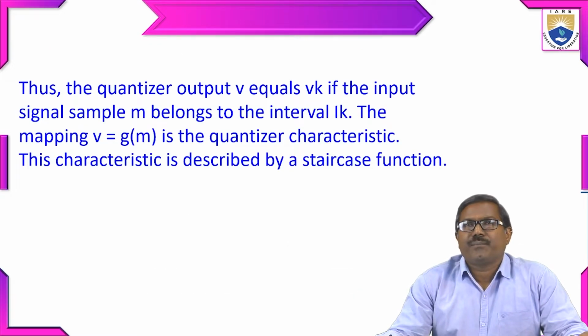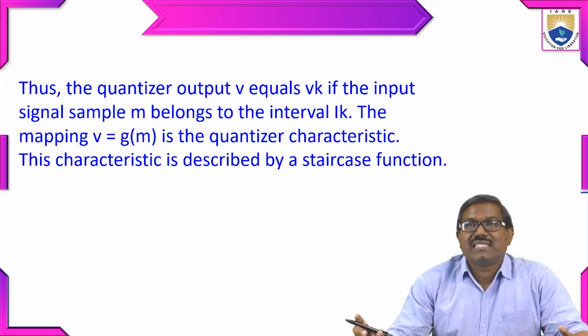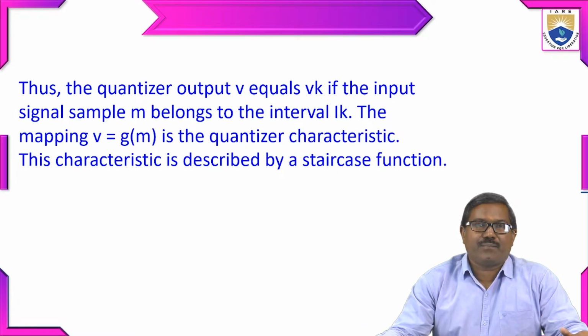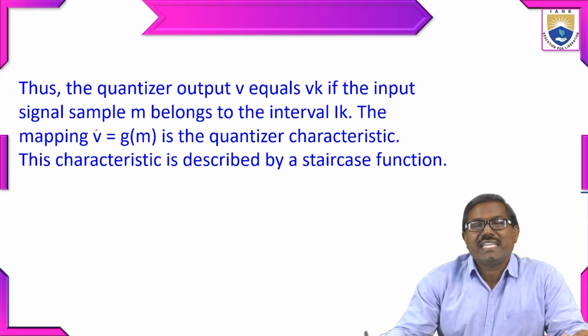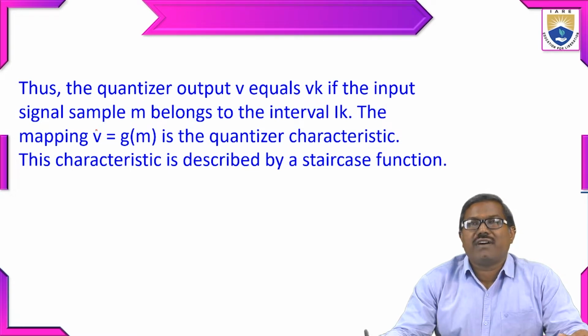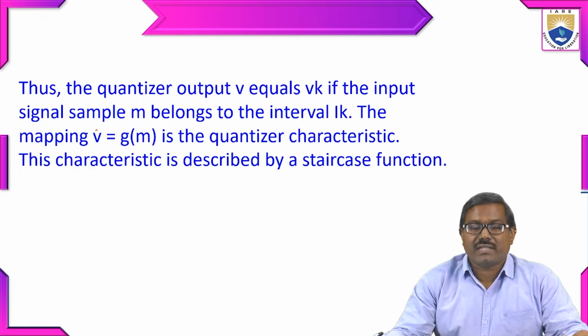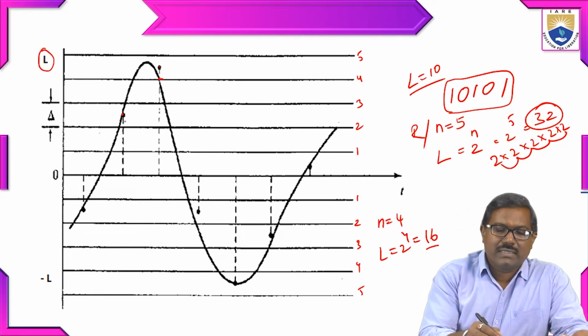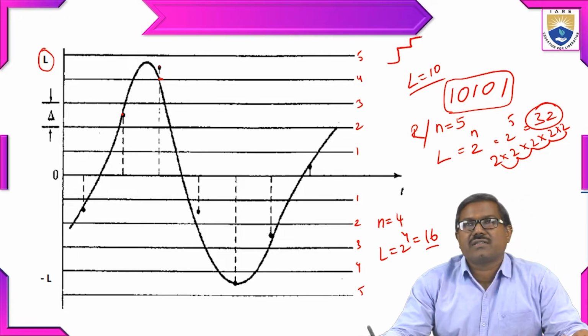So here the quantizer characteristic is described by a staircase function. Here V is the output, m is the input, and g(m) defines the staircase function. Once again, it is just like staircases.